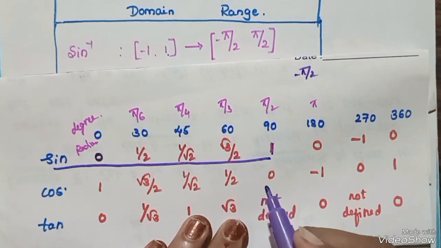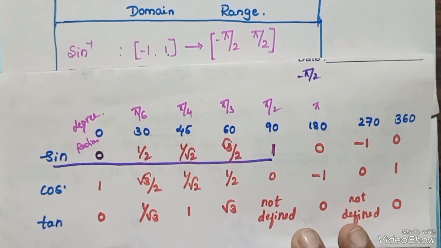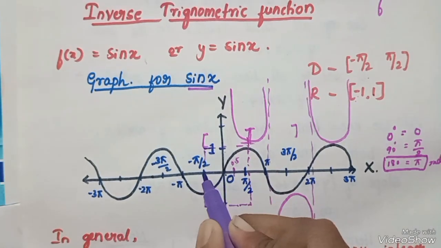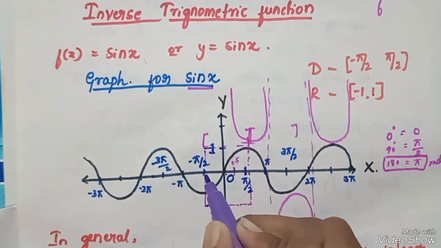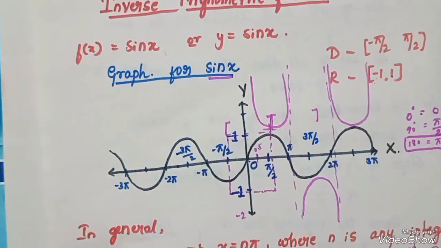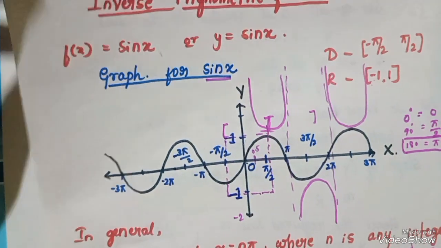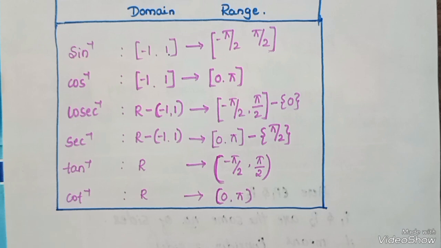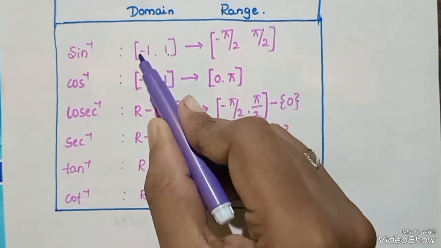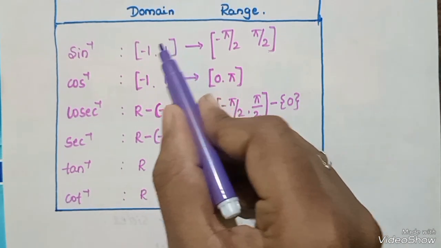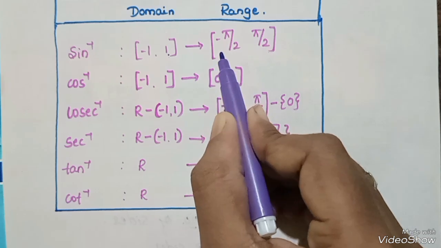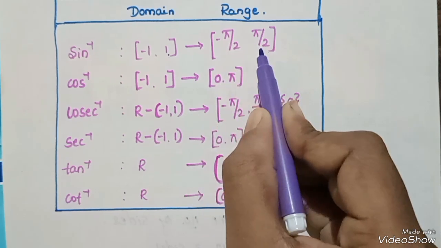Okay, our range should be minus pi by 2 to pi by 2. Now from this table we have observed the inverse function's domain. For -1 to 1 the domain should be, then the range becomes minus pi by 2, pi by 2.